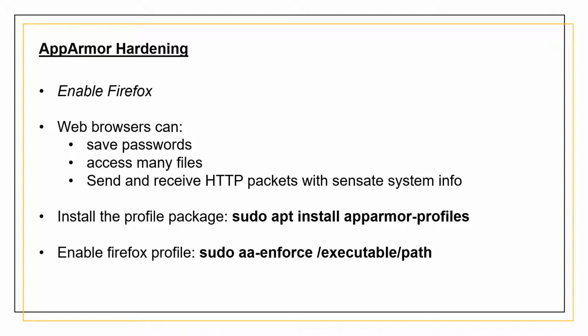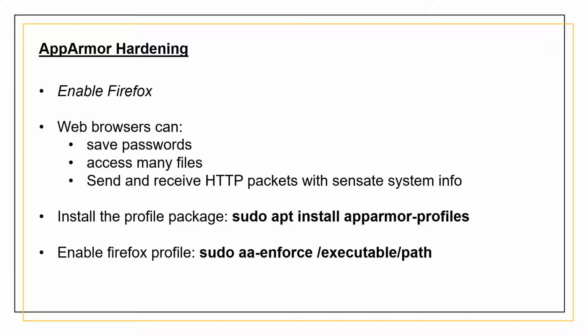The second tip I have for AppArmor is to enable Firefox. Firefox is a web browser commonly used in Linux environments, so that's probably the web browser that you're going to be protecting when you're using AppArmor.